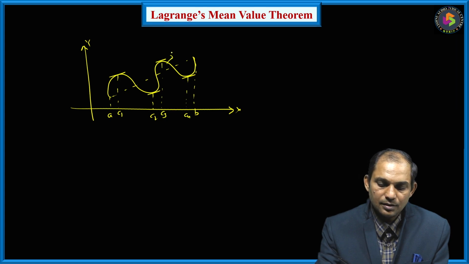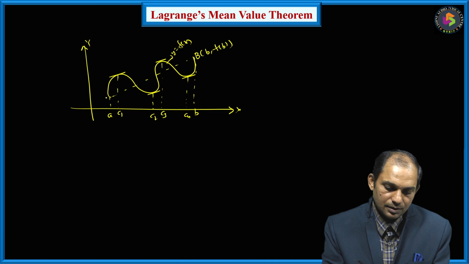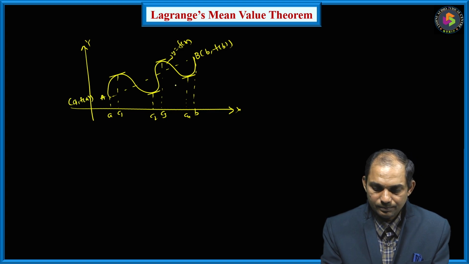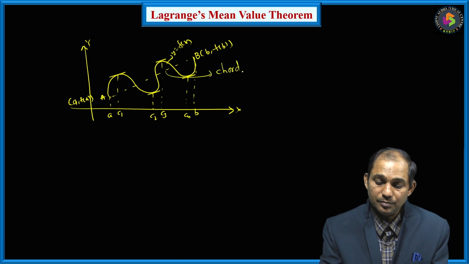This is the curve y is equal to f of x, and this is the point B comma f of B, and this is the point A comma f of A, and this is the chord joining the endpoints A, B, right?